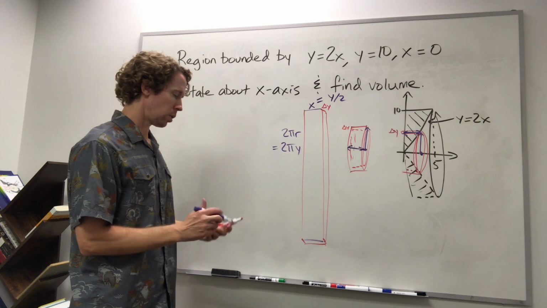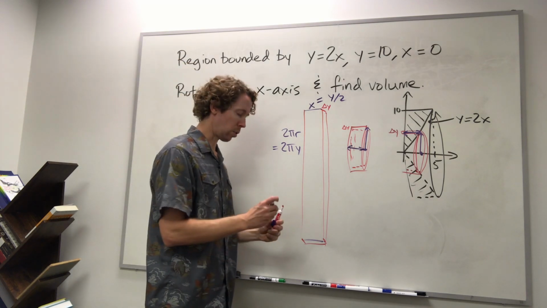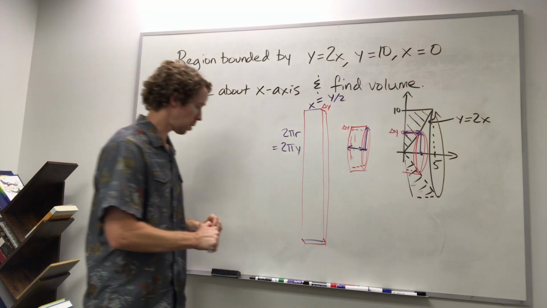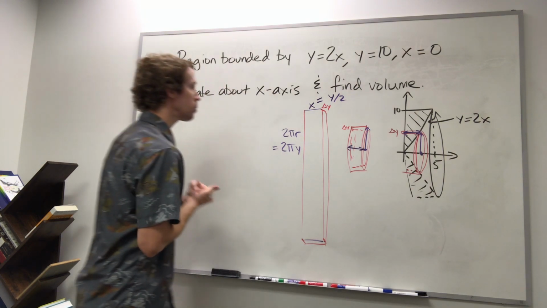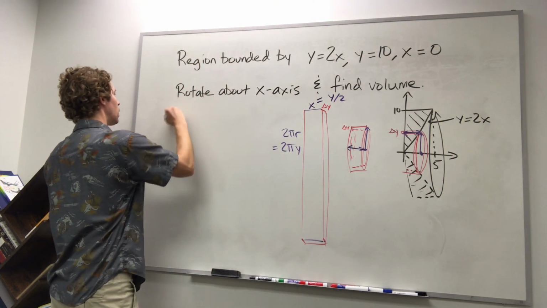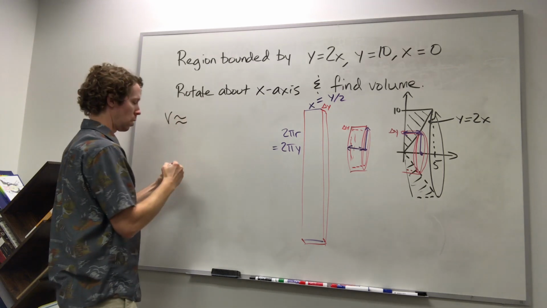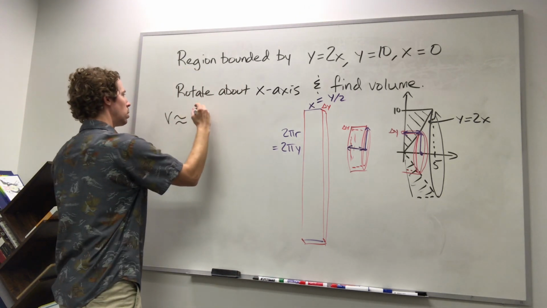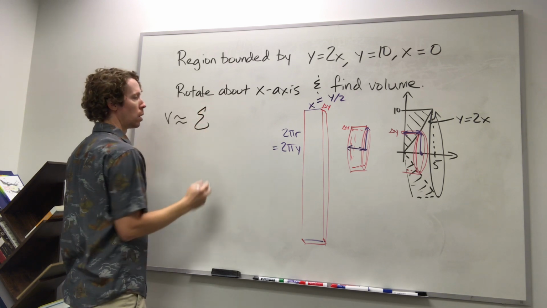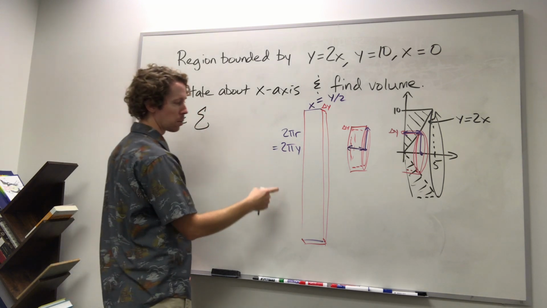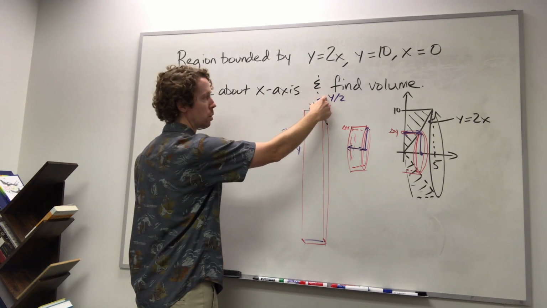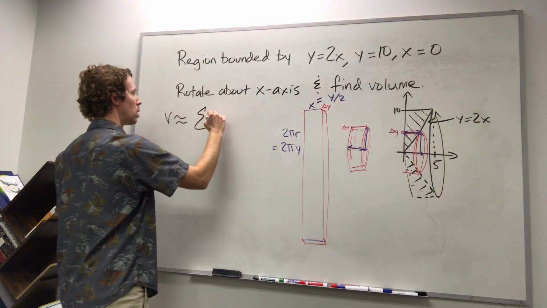All right, so before I actually get to the integral, before I take the limit, my approximation looks like this. I'm adding up these volumes, and the volume is just length times width times height. So 2 pi y times y over 2 times delta y.